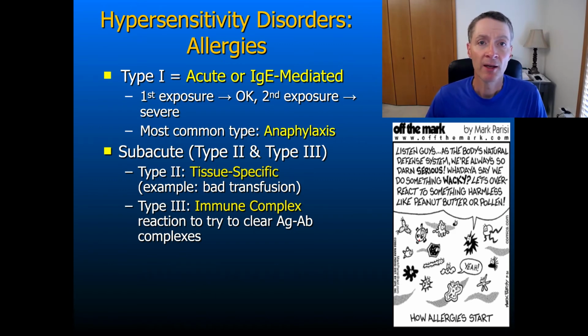Type 3 is otherwise known as immune complex hypersensitivities. A common example here, and this is where antigens and antibodies become the problem, would be strep infections. Folks who have strep throat, recurring strep throat issues when they're young, will produce antibodies against strep antigens.